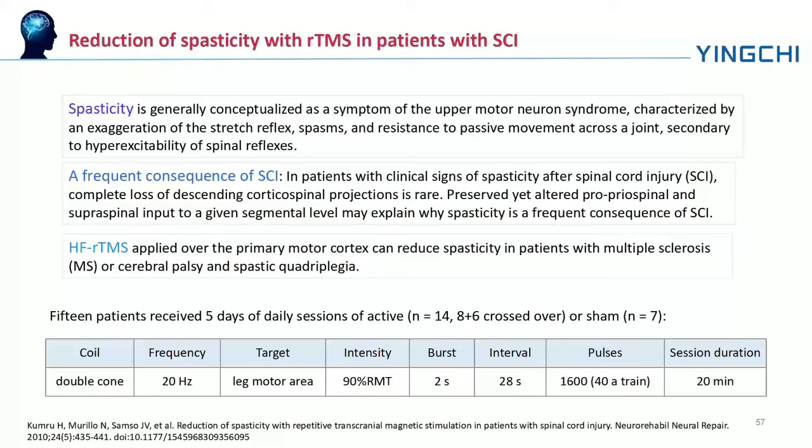In this study, they used a double cone coil with high-frequency rTMS onto the leg motor area. They obtained data on the effects of active rTMS from 14 patients, and 18 of them underwent active rTMS, and 6 had previously undergone sham rTMS and then crossed over.